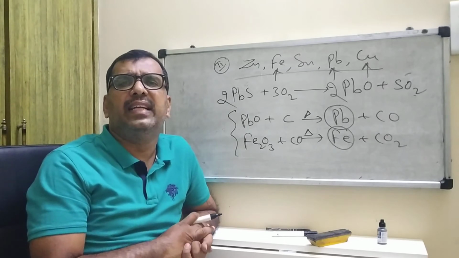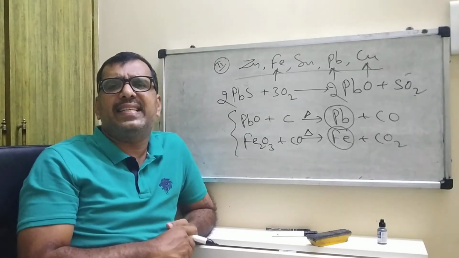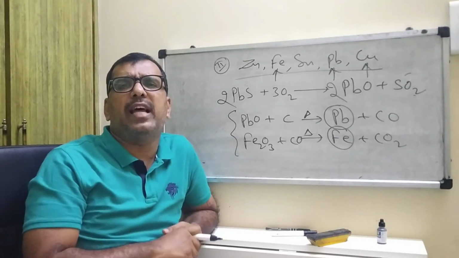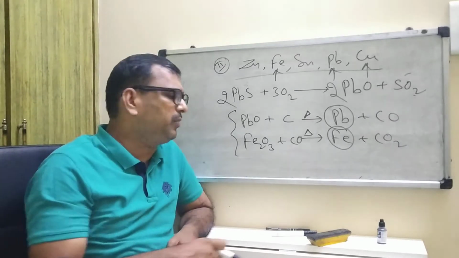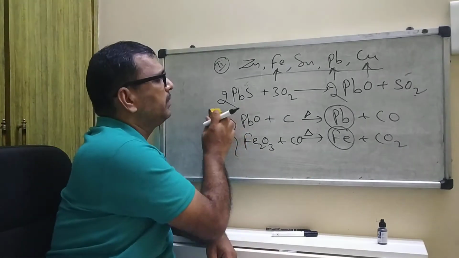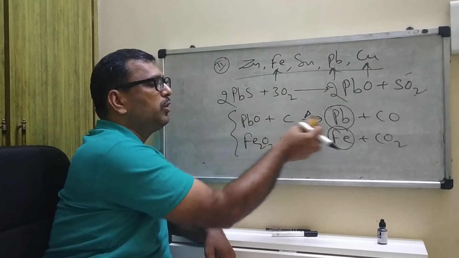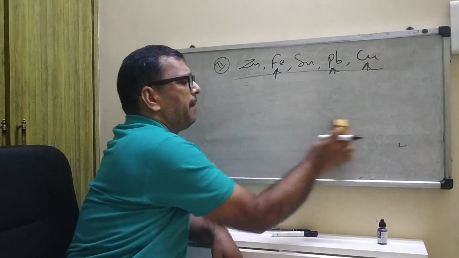The next one is self-reduction, for example in the extraction of copper from its sulfide ores, which give oxides: from sulfides to oxides, and oxides to metal.